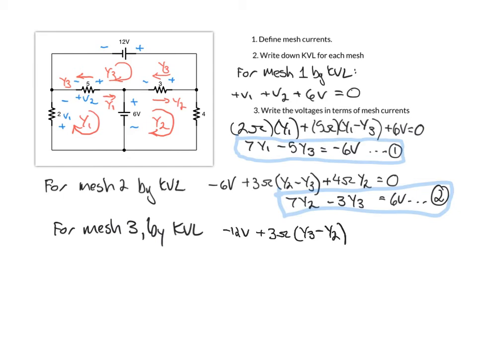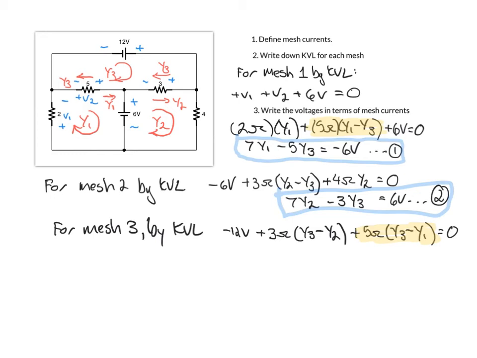And at the 5 ohm resistor, we've got plus 5 ohms times (Y3 minus Y1), and all that must be equal to 0. So take a look at how we've written the part of the equation in equation 1 for the 5 ohm resistor, and how we've written it for mesh 3 for the 5 ohm resistor, and make sure that you understand the difference, because that is the key to mesh analysis.